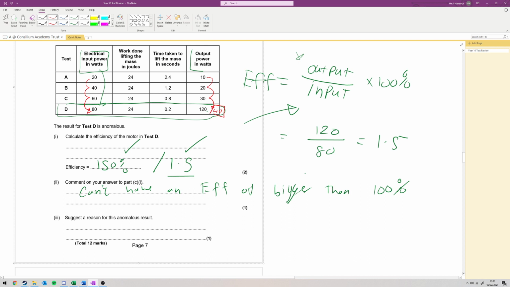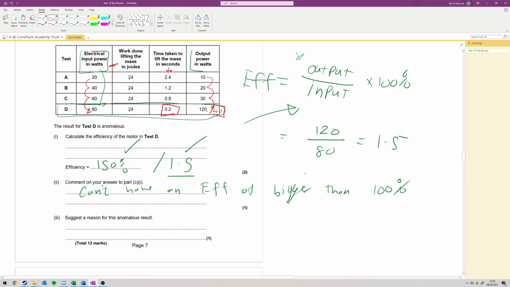Now, suggest a reason for this anomalous result. Now this was, I think, more difficult because you had to say specifically what the reason was. Now, it's to do with the timer, right? Time taken. This time here is wrong. So everything here is fine. These two columns are fine.